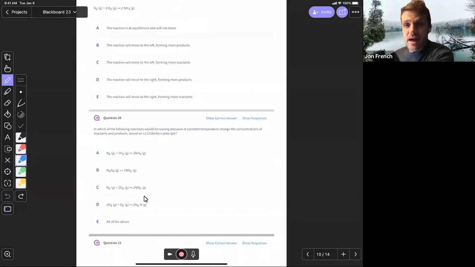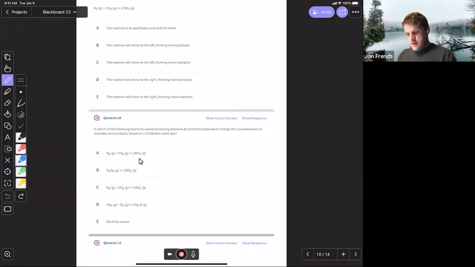If I don't know a reactant concentration and a product concentration, then we're going to be stuck in a situation where we can't find equilibrium concentrations for all of those, because we need to know at least initial concentrations of our reactants. If we don't know our initial concentrations of reactants and our equilibrium concentrations of products, then there's no way to solve that problem. So you would at least have to know initial concentrations of all your reactants.